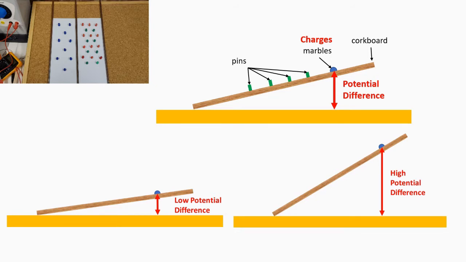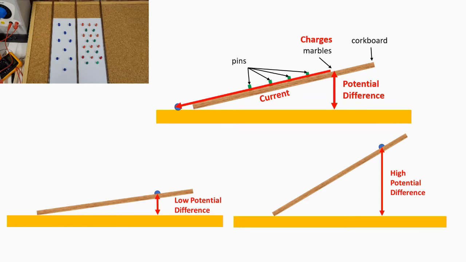Next, we have the rate at which the marbles will roll down the ramp, which represents the rate of flow of charge, or as we know from lesson 3, this is more commonly called current. We could take this model a little further without the pins. Looking again at the diagrams below, what would happen to the rate at which the marble rolled down the ramp in the low potential difference diagram?